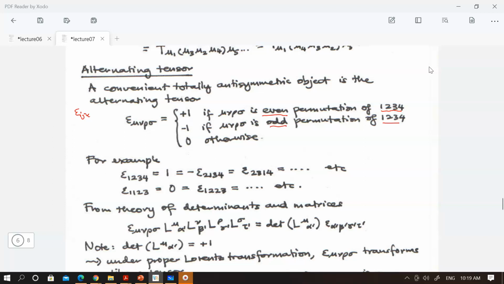If you have any other possibility, then at least two of the indices will be equal, and that will be equal to 0. The property, again, is that it is totally antisymmetric. So if we change any pair, for example, epsilon rho nu mu sigma will equal minus epsilon mu nu rho sigma.